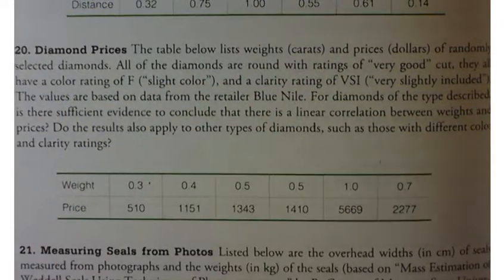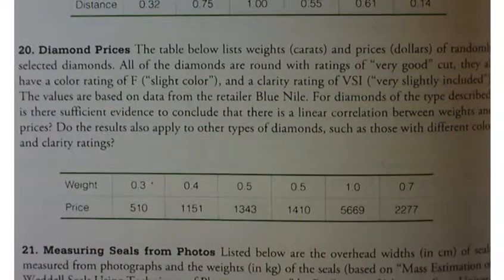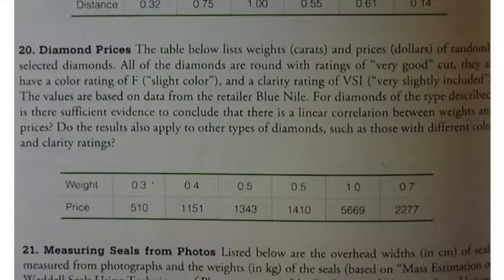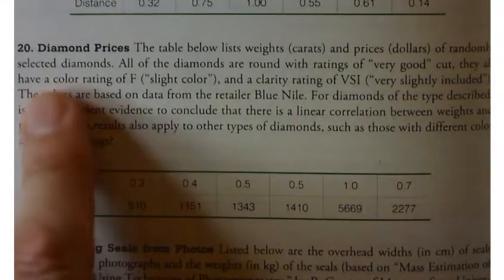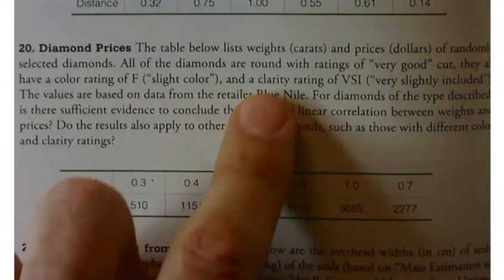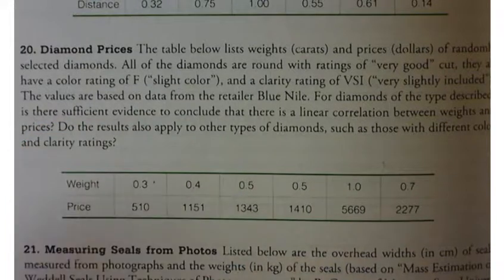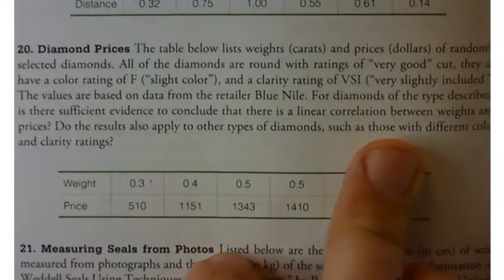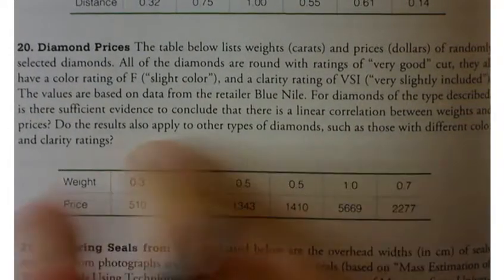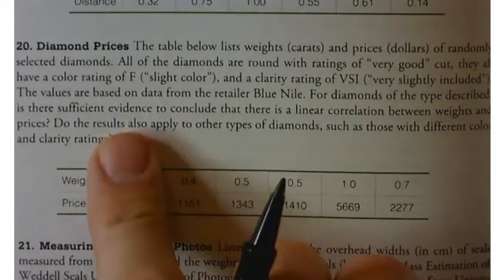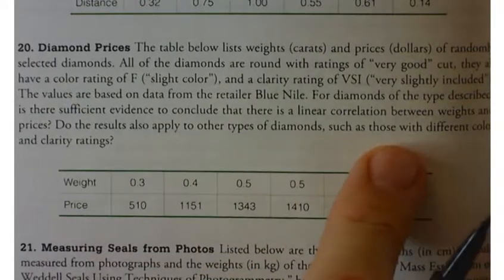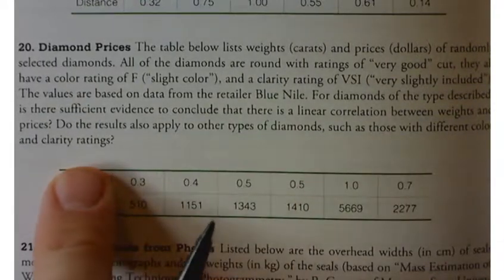All the diamonds are round with ratings of very good cut. They all have color rating of F, slight color, and clarity VS1, very slightly included. The values are based on data from retailer Blue Nile. For diamonds of the type described, is there sufficient evidence to conclude that there's a linear correlation between the weights and the prices? Do these results apply to other types of diamonds, such as those with different color and clarity ratings?